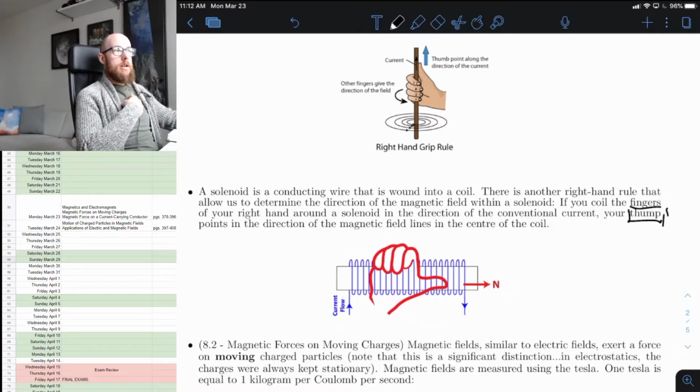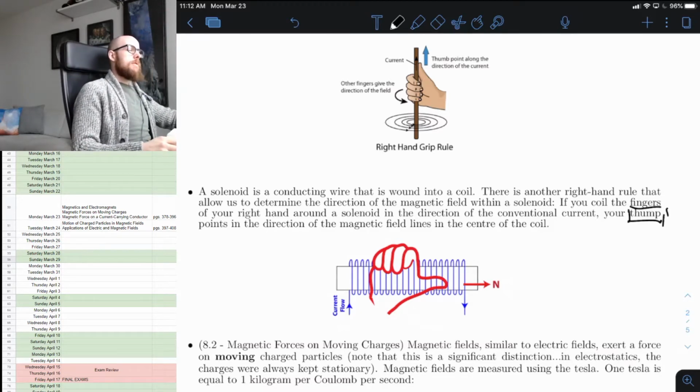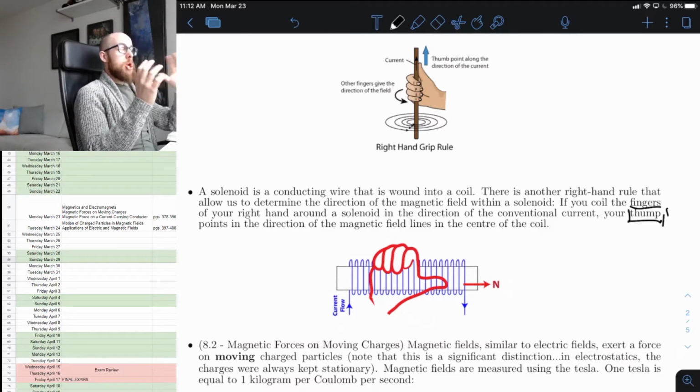I know when I did the grade 11 physics class, we did magnetism right at the end, so we didn't really get a good chance to really dig into it. So depending on how you guys found it when you went through it, make sure you're comfortable with, in general, what magnetic fields are, okay?